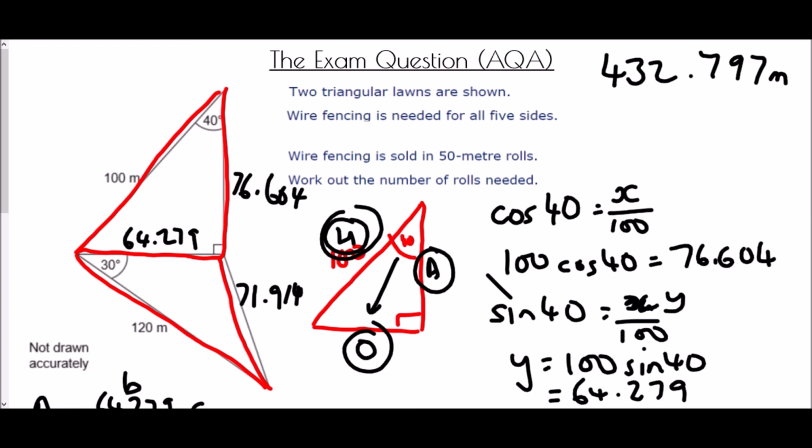And wire fencing is sold in 50-metre rolls. So how many rolls? Well, the last step here is I just need to see how many 50s it would take to make 432. Well, that means it would be 9 rolls to get 450 metres of fencing.